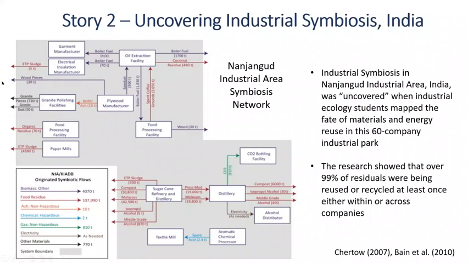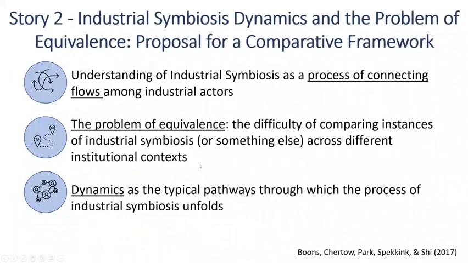But there was also a lot of interfirm symbiosis, and that's what you see in this picture. And when you add those two things up, 99.5% of the residuals out of that million were being reused or recycled at least once. So I can't help feeling that India and many places in India already have a circular economy, and we just hope that they won't lose it.